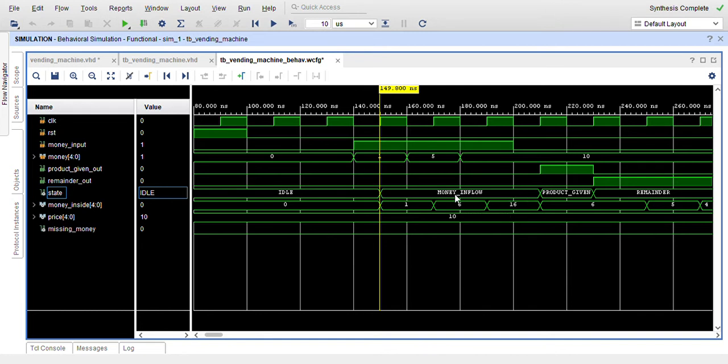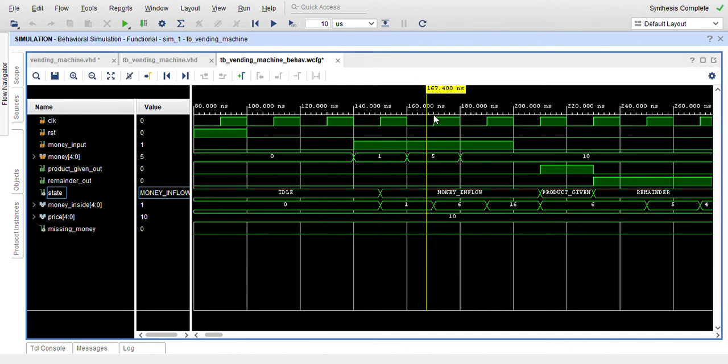The money that we add to the vending machine is 1 Turkish lira. We add it at the rising edge. Total money is money inside, 1 Turkish lira.